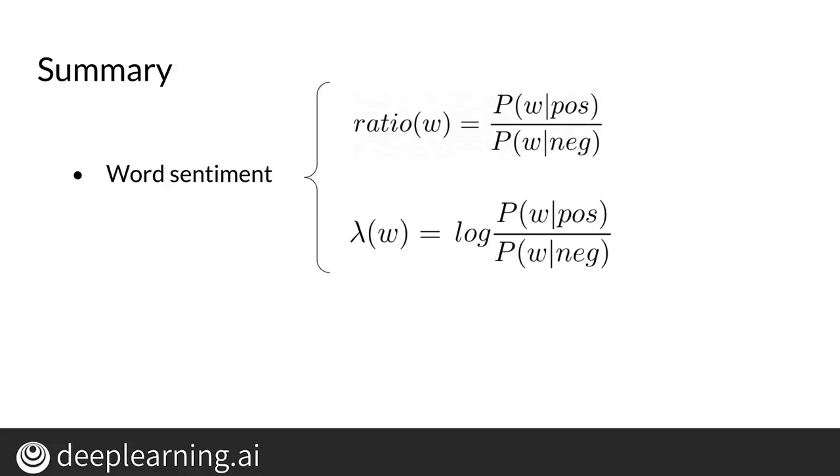This ratio can be expressed as a logarithm as well, called lambda, and you can use that to reduce the risk of numerical underflow. In this video, you learned about the ratio of positive words to negative words. So the higher the ratio is, the more positive the word is going to be. As the number of words we are using gets larger and larger, then we are very likely to get a product that is very close to 0. Hence, we end up taking the log of that ratio.